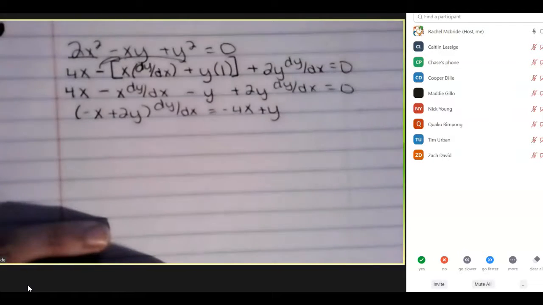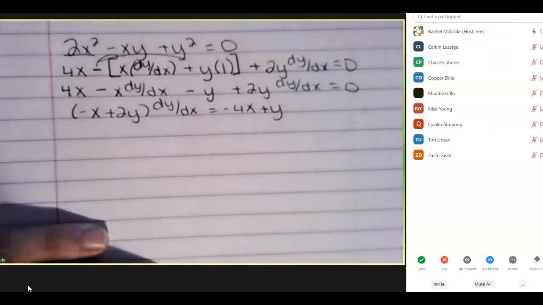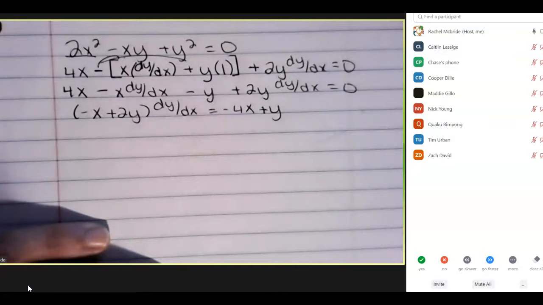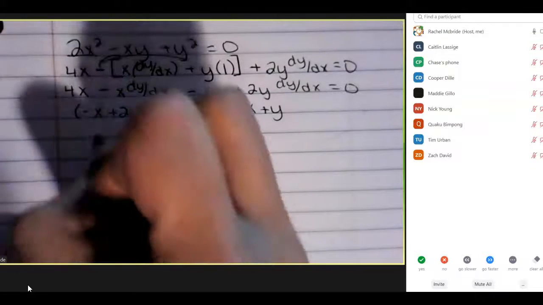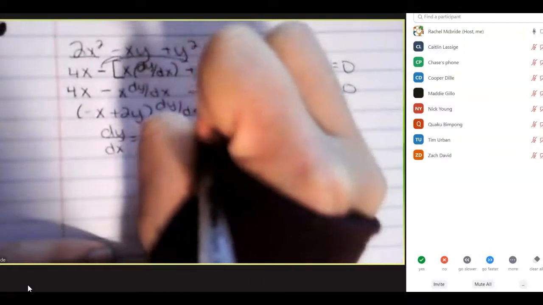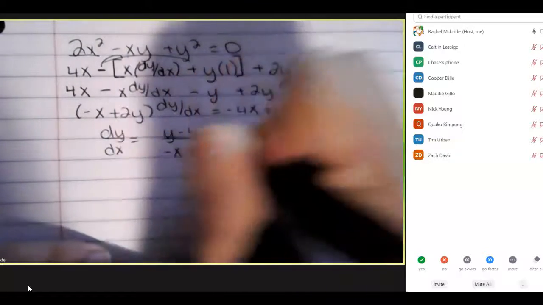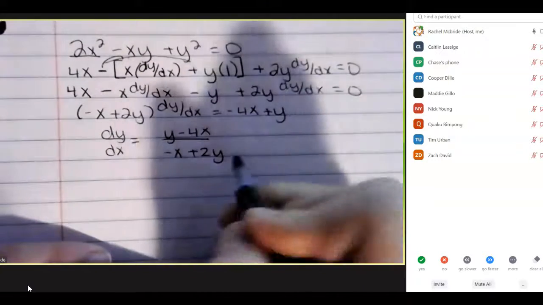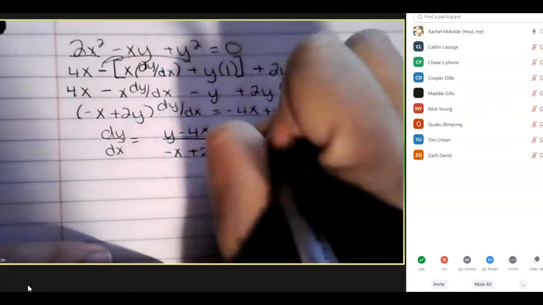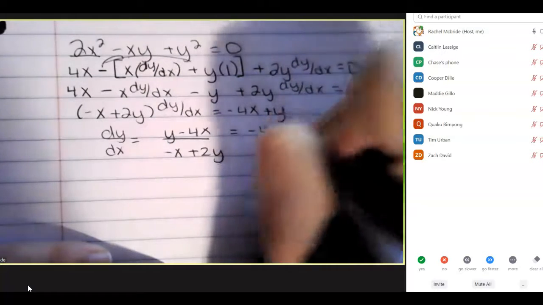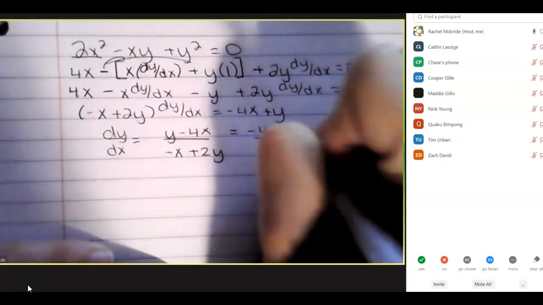So you have negative x plus 2y dy dx equals negative 4x plus y. Then you just divide by what's being multiplied by dy dx. So you have y minus 4x over negative x plus 2y. Again, the order of the terms doesn't matter. I could have left it negative 4x plus y. I could have made it 2y minus x.